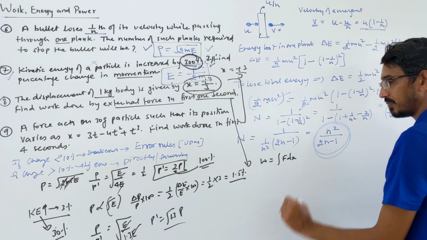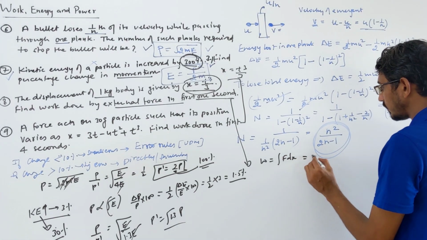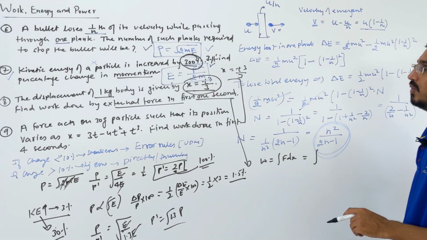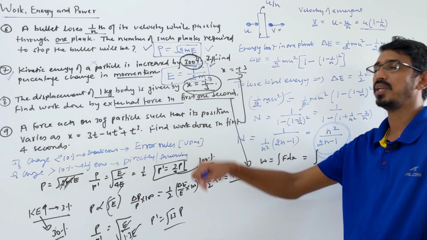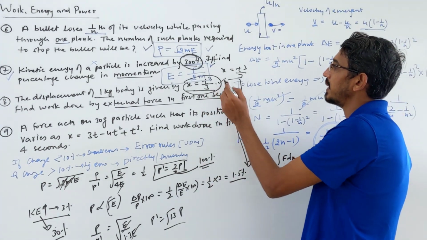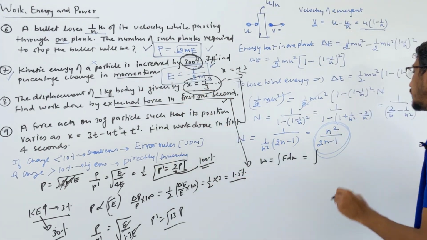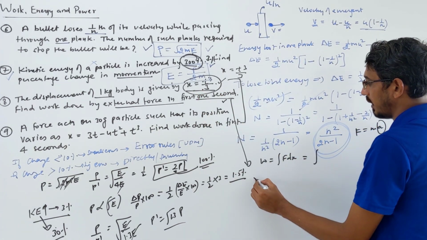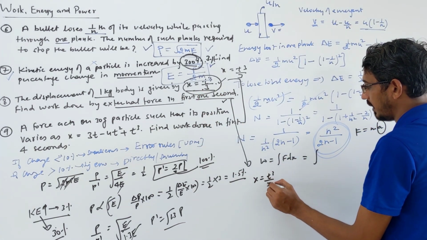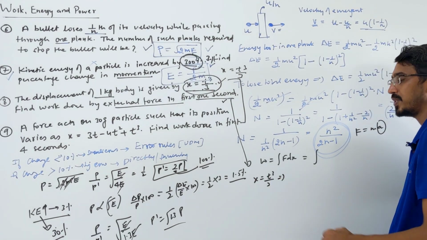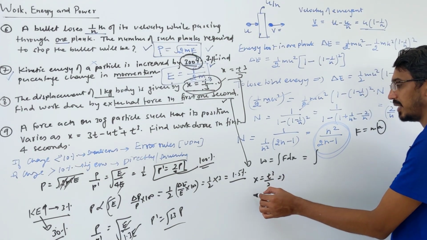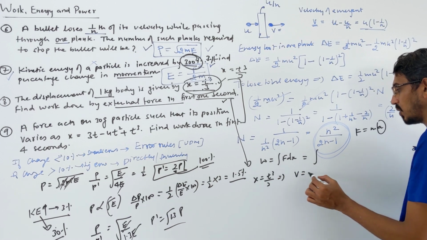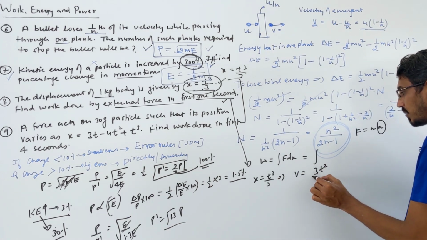F dot dx, correct? Now look here. First we need force. Force is not given directly here. They gave us displacement, time and mass. So force is ma, correct? So mainly you have to calculate acceleration. We know the displacement equation, x is equal to t cube by 3. Let's differentiate it. When you differentiate, we get velocity, right? dx by dt, that becomes velocity, is equal to 3 times t square by 3.